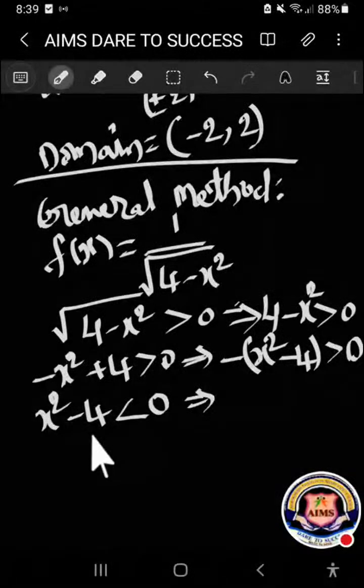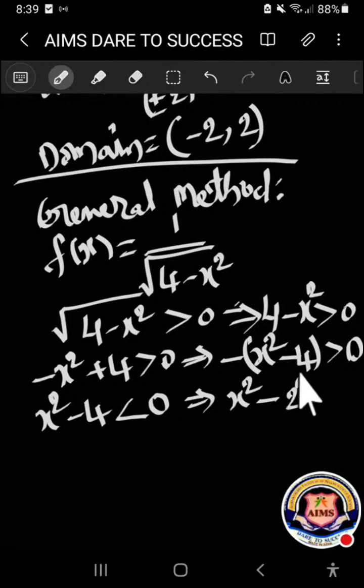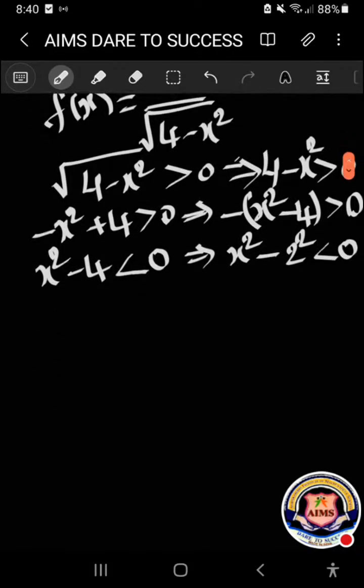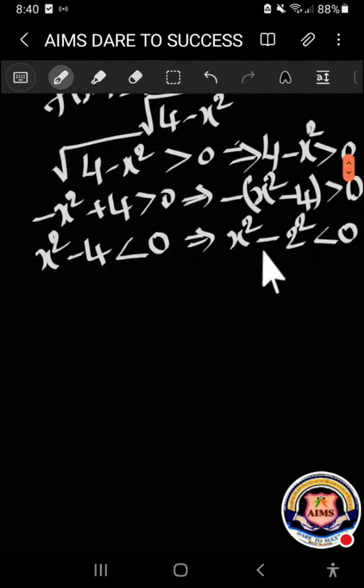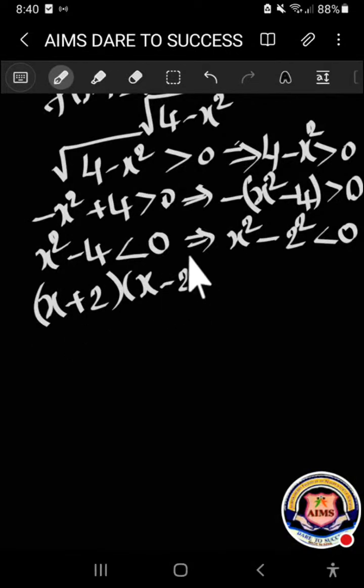So after that this can be written as x square as it is, 4 can be written as 2 square, is less than 0. Okay. So after that this looks like a square minus b square. That is a square minus b square can be written as a plus b into a minus b less than 0.